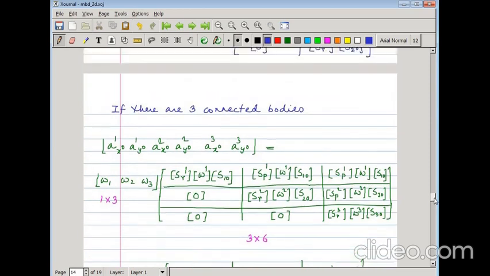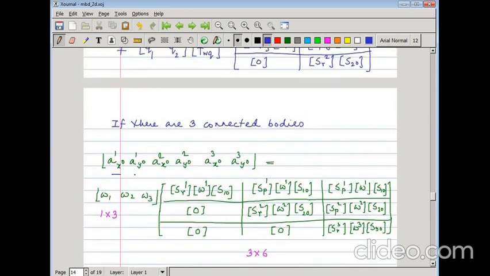Now if there are 3 connected bodies, so this for body 1, body 2, body 3.